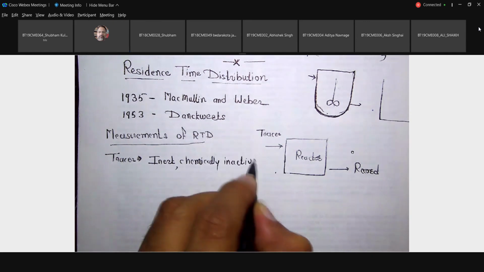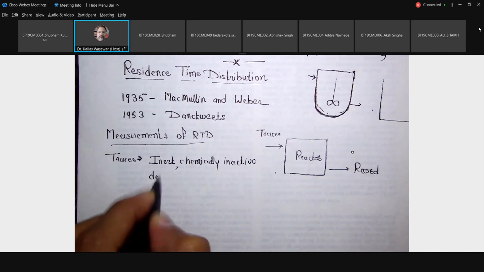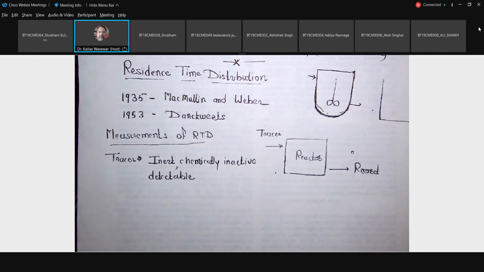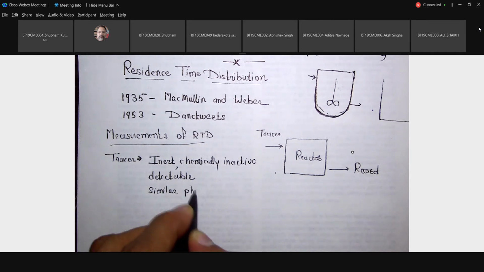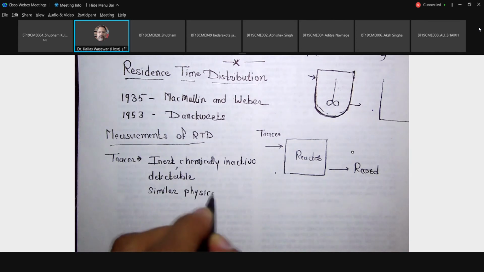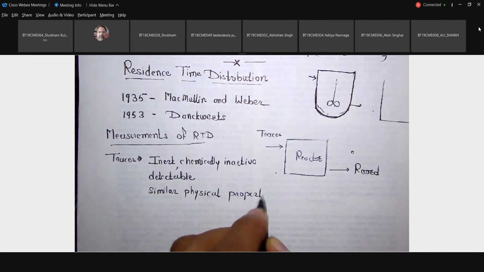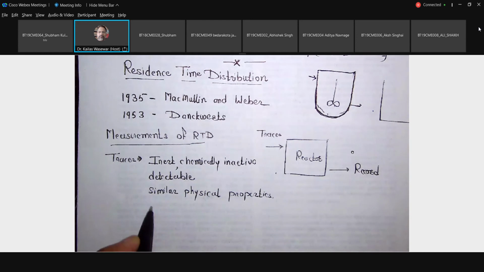and it should be measurable, that means detectable, whatever method we use for the detection. It should have physical properties similar to whatever reaction mixture or fluid is present in the reactor, and must be completely soluble.